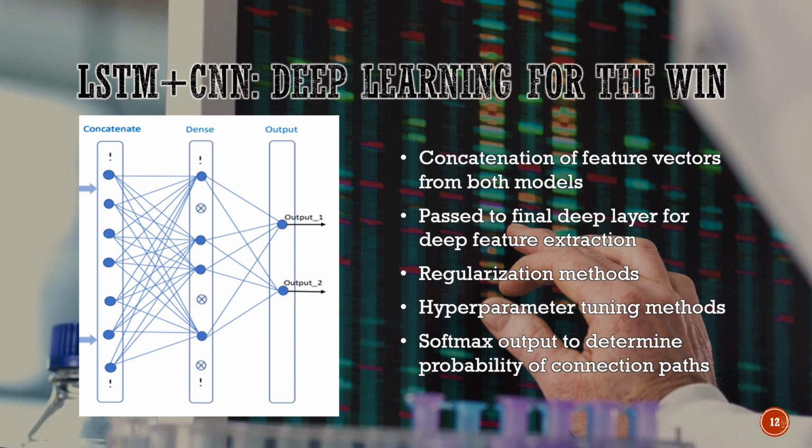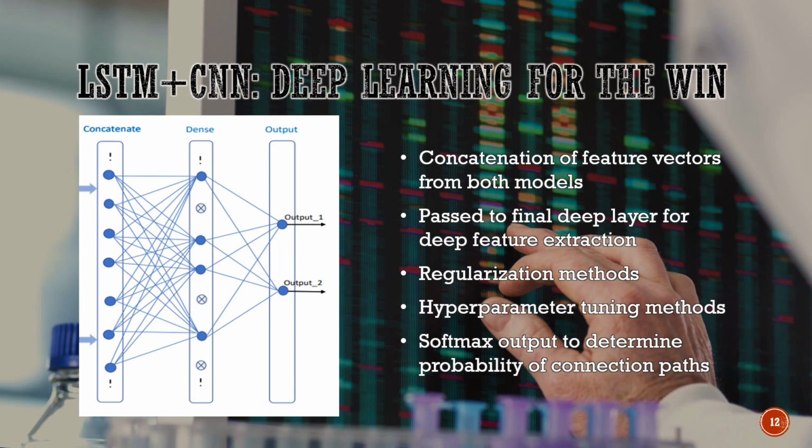This is just a neural network model basically, but it used the long short-term memory and the convolutional neural networks for the second one, and concatenated both of those into one final artificial neural network. And then it's having applied regularization methods to decrease bias and variance as much as possible.